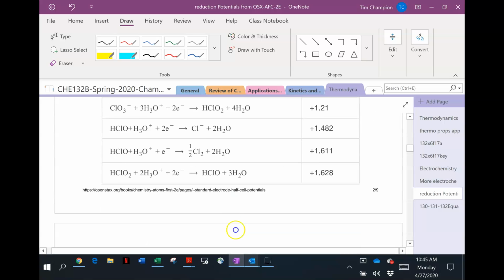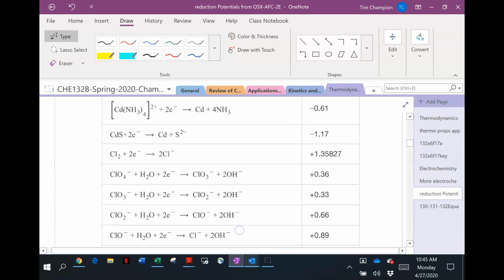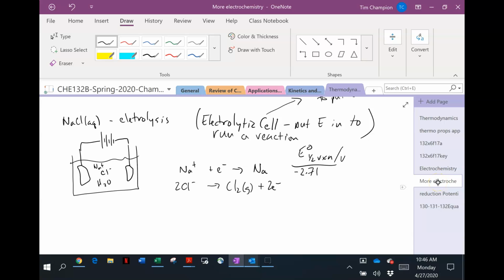So Cl2 plus 2 electrons going to 2 chlorides is positive 1.36, we'll call it. It's obviously a very studied reaction because they know the value out to a lot of decimal places. But let's call it 1.36. If we go back and look at what we're doing, that's the opposite of that. That's going to be negative 1.36 because, again, this is an oxidation half reaction.